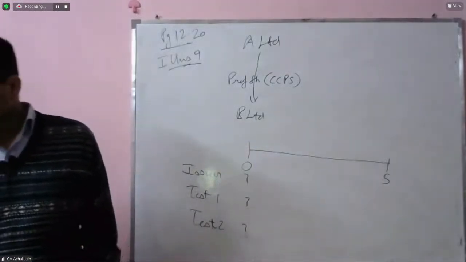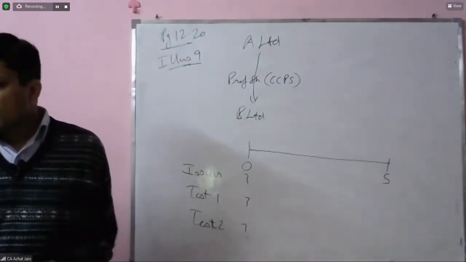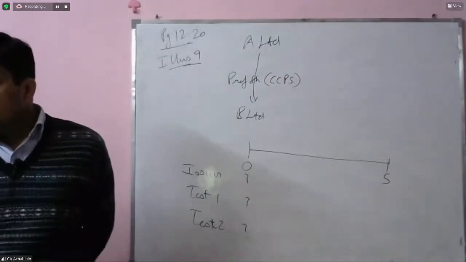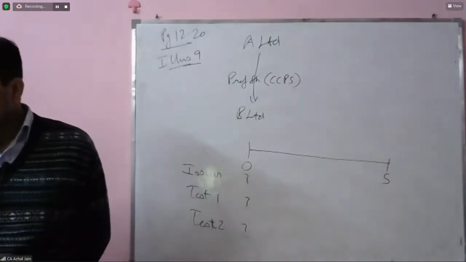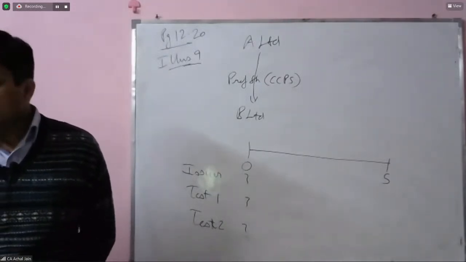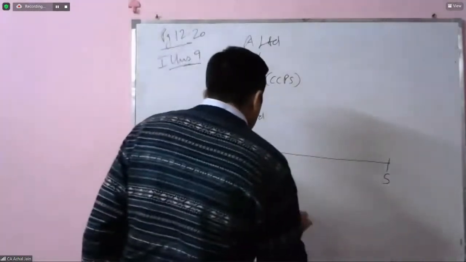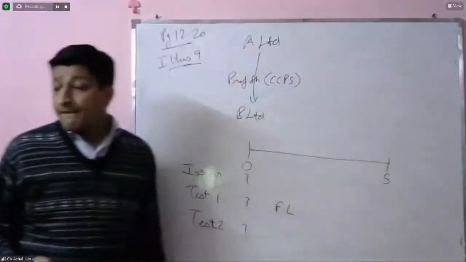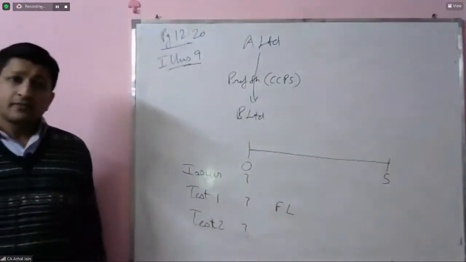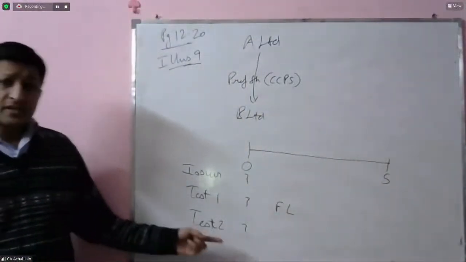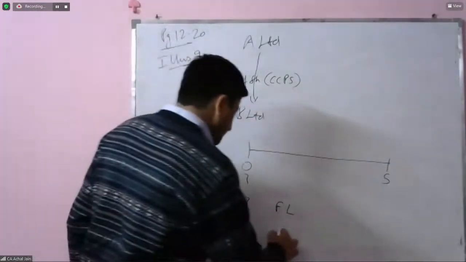Okay, Chella has answered this. Very good. He's saying in this illustration, test 1 itself will call this instrument a financial liability. Okay. The final answer therefore will also be financial liability. So that means test 2 is not required to be performed.